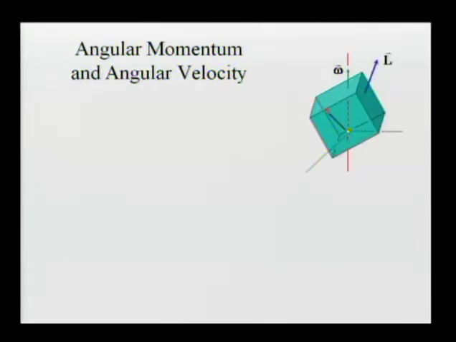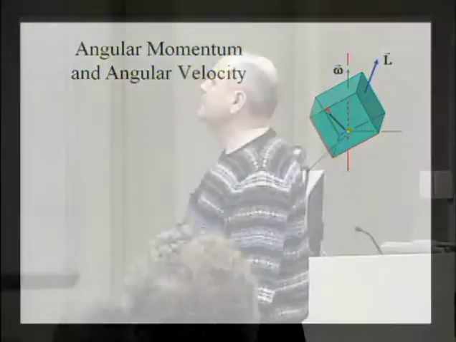In general, if we think about the total angular momentum of the object, we will have to add the angular momenta of all the particles, and we will get some kind of a vector. And since for a single particle angular momentum is not aligned with angular velocity, it means that in general angular momentum for an object doesn't have to be aligned with angular velocity.